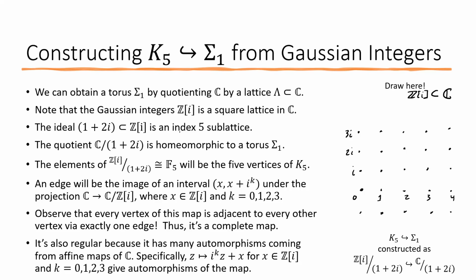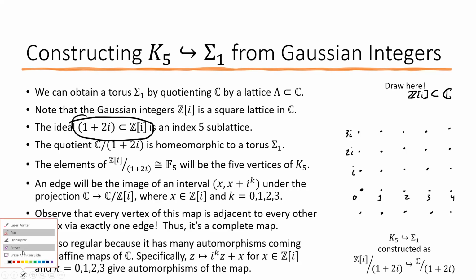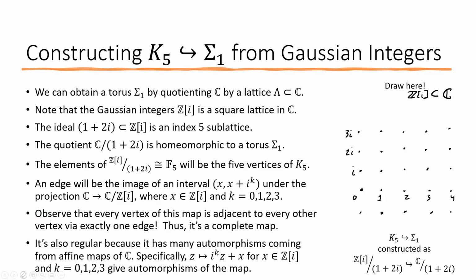Inside of this square lattice, I have the ideal 1 plus 2i. This is a sublattice of index 5, right?